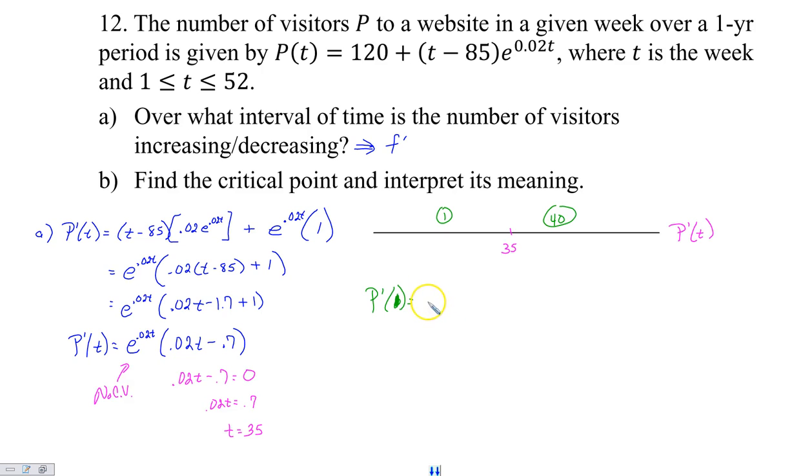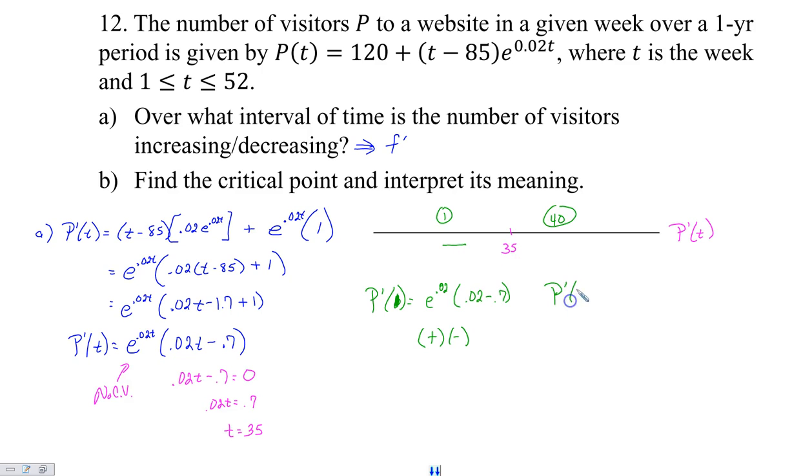This is going to give me 0.02. This is going to be a positive value, by the way, because anytime I plug something into e, it's going to give me something positive. And then 0.02 times 1 minus 0.7. This is going to be a negative value. Okay, so it is decreasing on this interval, and we'll talk about that.